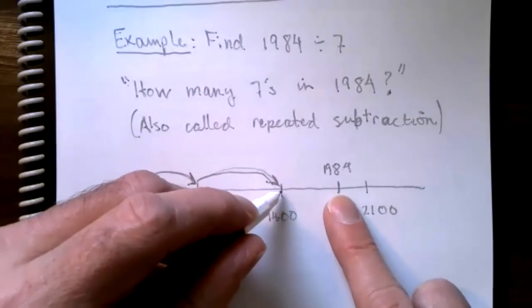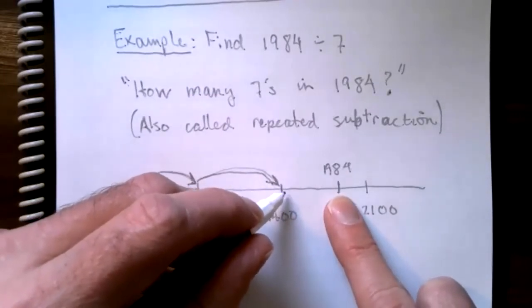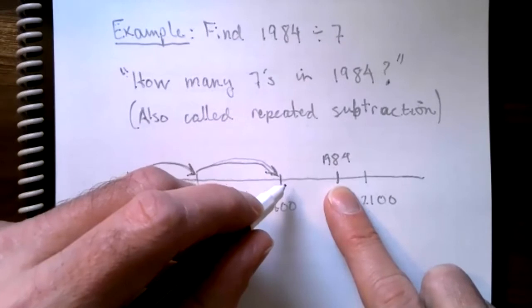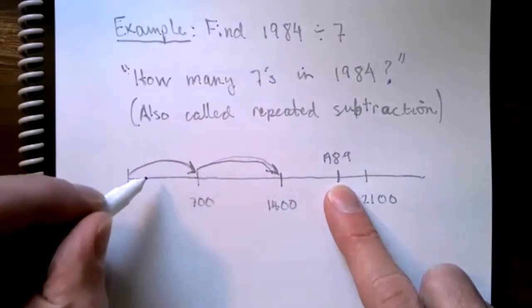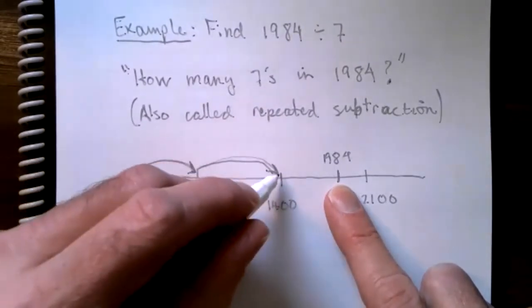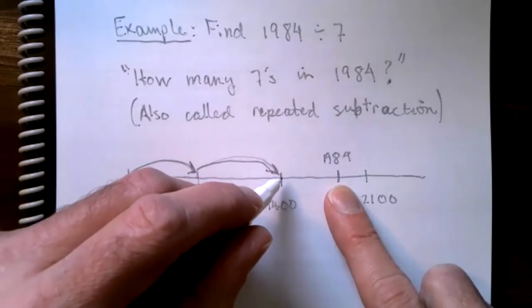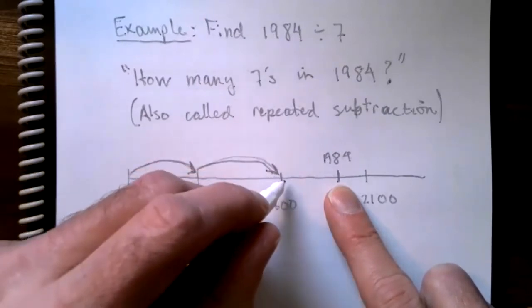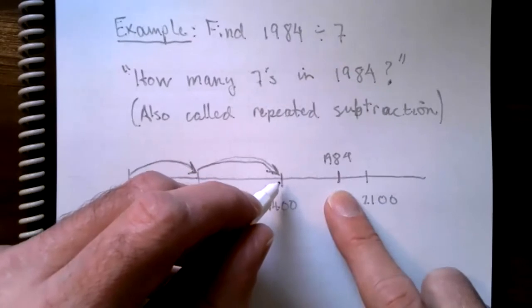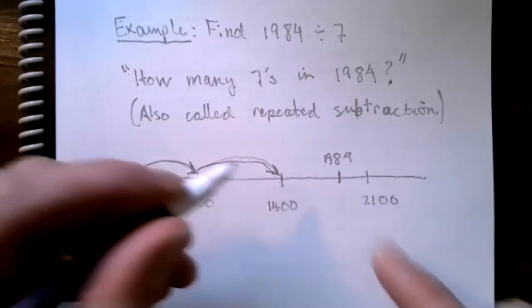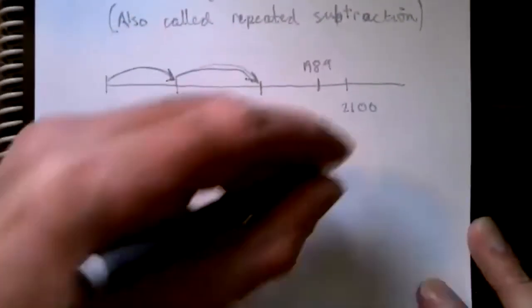Okay, so now I need to make up this difference. Jumps of 700 can get me kind of close. I can do jumps of 700 and get to here. Now I need to make up that difference. And that difference is 584.